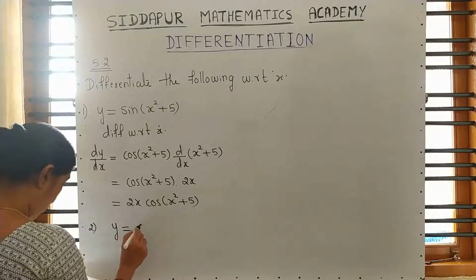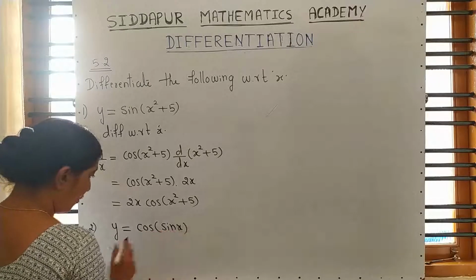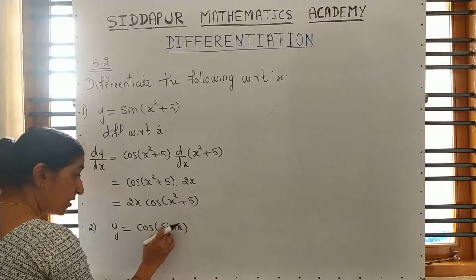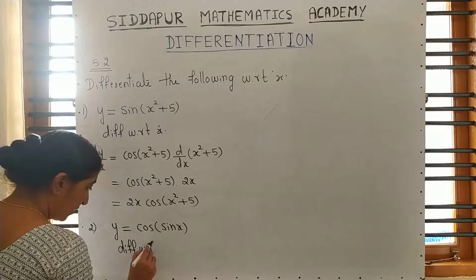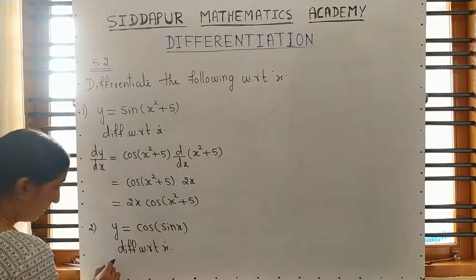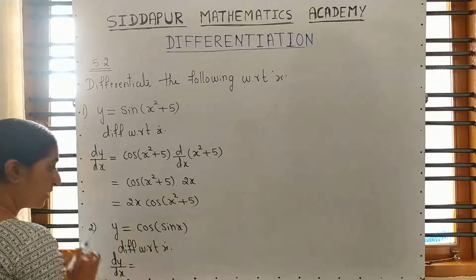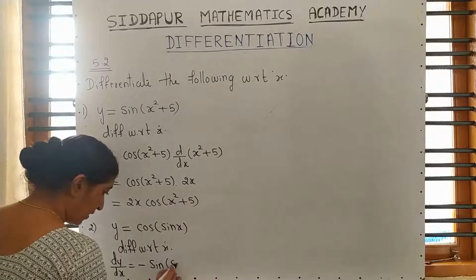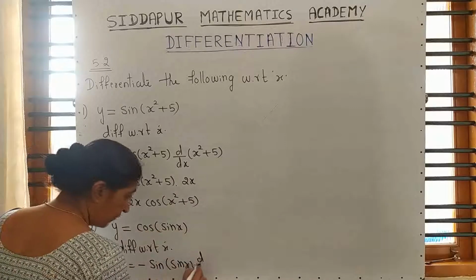Y is equal to cos of sin x, and don't think it is u into v. No, it is the angle of cos is sin x. So differentiating with respect to x, dy upon dx. There is no power, directly the trigonometric term. What is the differentiation of cos? It is minus sin. Its angle is sin x. After differentiation of this outside term, we have to differentiate the angle.